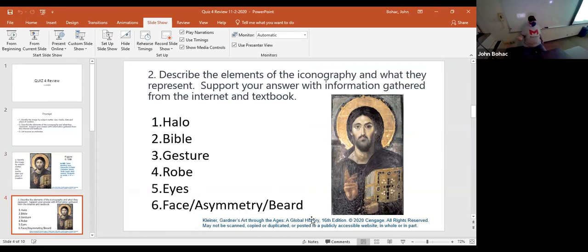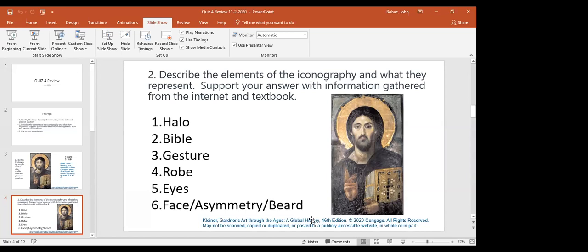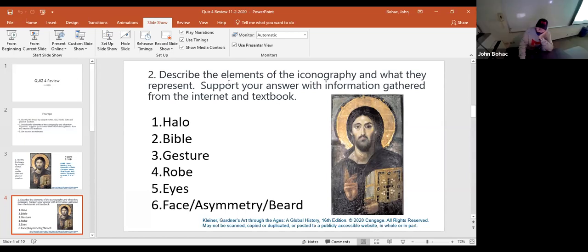A few of you gave me a description of what icons are and how some cultures in Christian, Judaic, Islamic history have more or less rejected iconography, saying that it was a violation of the second commandment. But that's not what I'm asking you. I'm asking you about the elements of this icon.